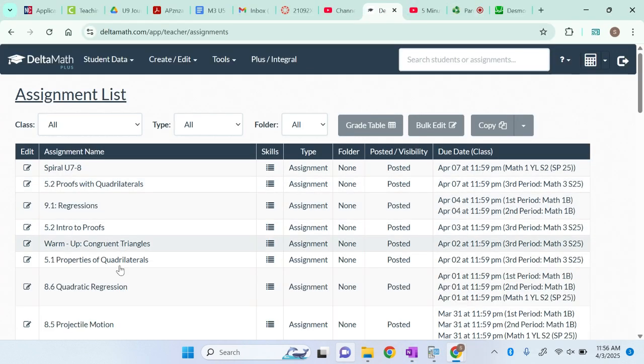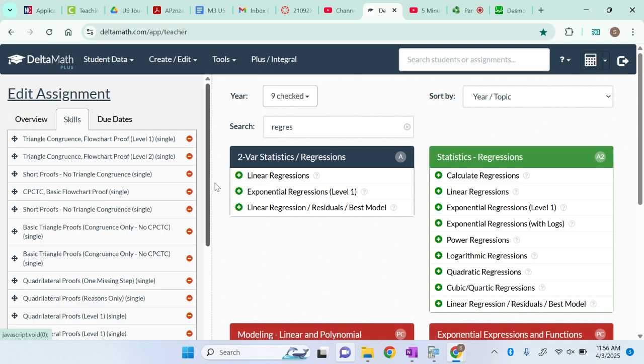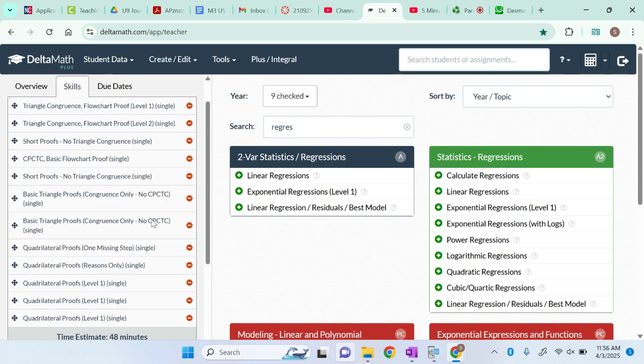So I'm in Delta Math, and you want the one that says 5.2 Intro to Proofs. We're going to do the single problems together. It's right on my desk. You can't miss it. All right.